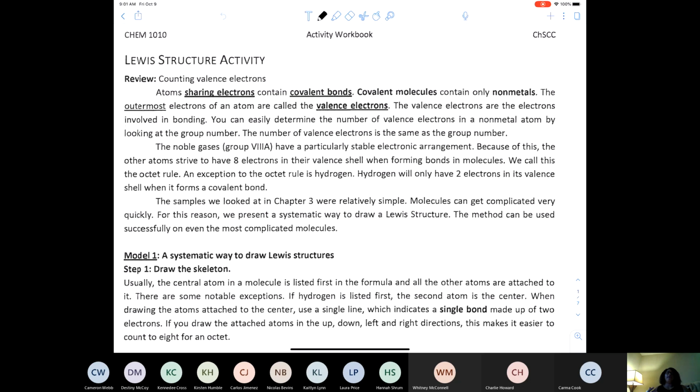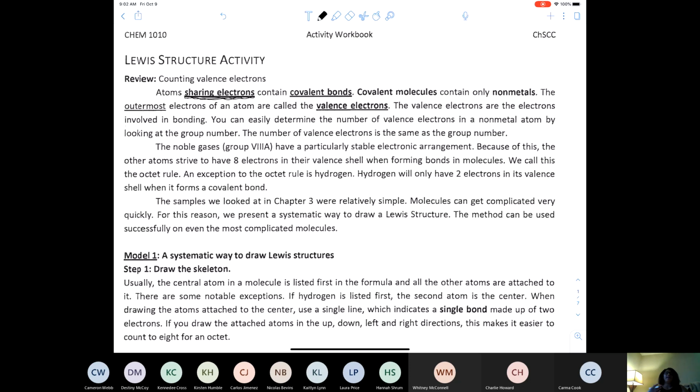And so in lecture, we learned that Lewis structures are representations of molecular compounds that shows us how these non-metal atoms that make up molecular compounds share electrons.